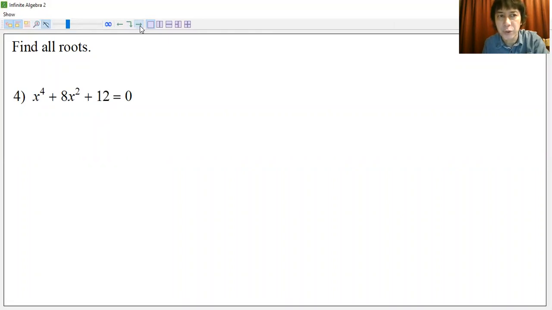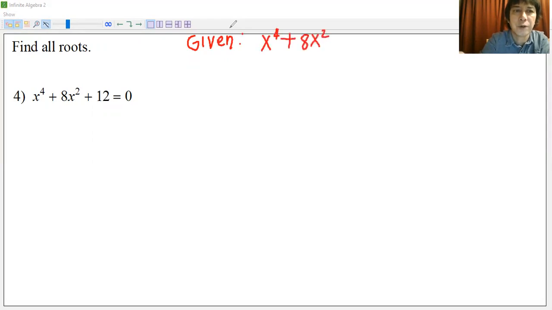Find all roots of x to the fourth plus 8x squared plus 12 is equal to 0. Let's start from the given equation. We have x to the fourth plus 8x squared plus 12 is equal to 0. All right, so again, we have x to the fourth and x squared, and they're related by power of 2, okay?